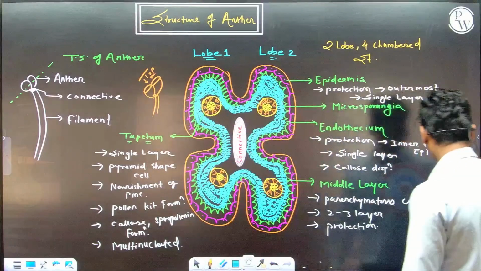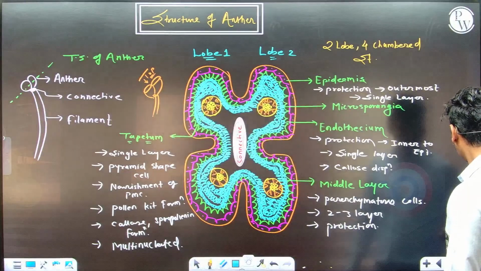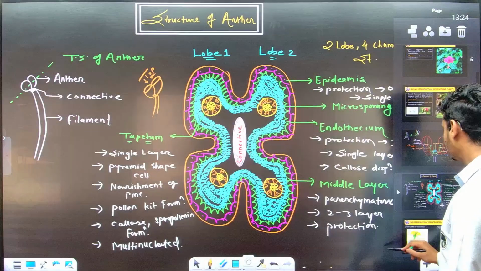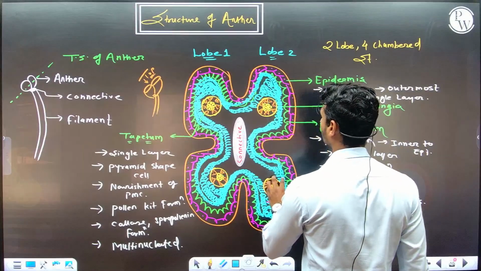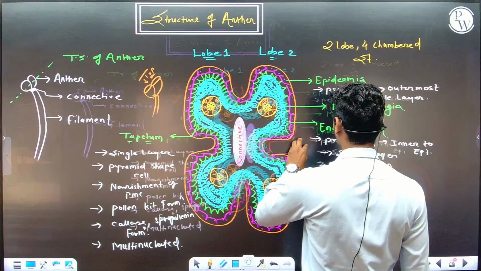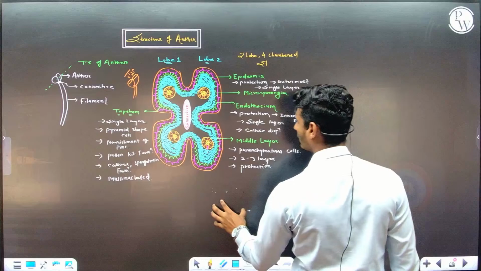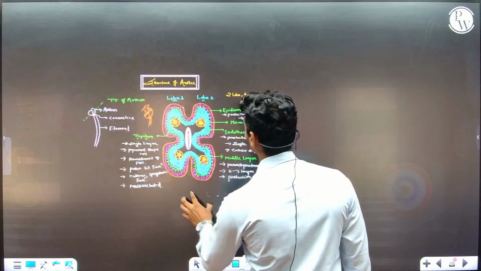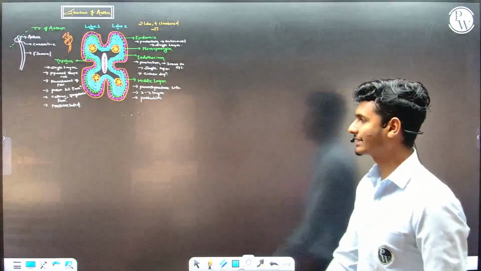But first of all, I am copying this slide. This is what we studied about the structure of anther.